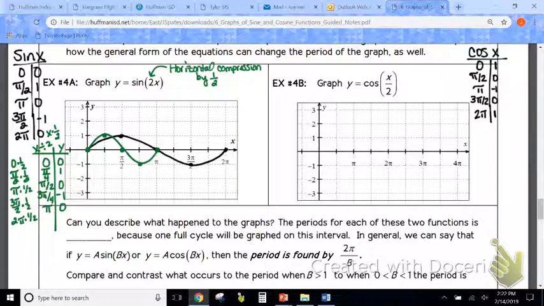Alright, and be careful when you go to graph this one, they change the scale on us. So your x-axis changed, so be careful. So there's my parent function.